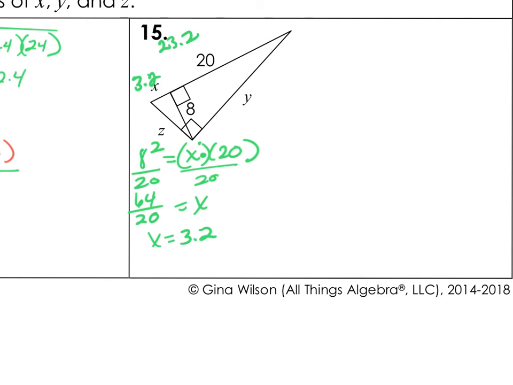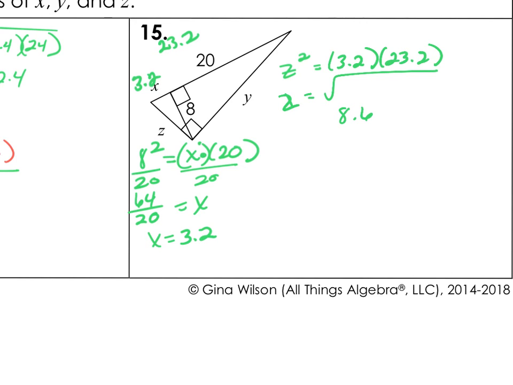Right. So now I can solve for either one of them. Let's just go ahead and do z. Z is a leg. Leg squared is equal to the adjacent segment, which we know now is 3.2, times the whole hypotenuse, which we now know is 23.2. And take the square root of that, put it in your calculator, and for z, you get 8.6.